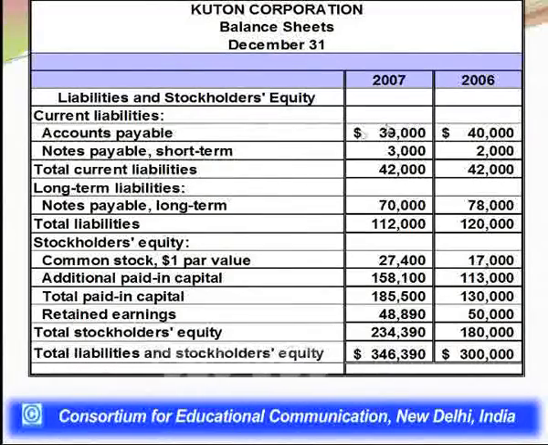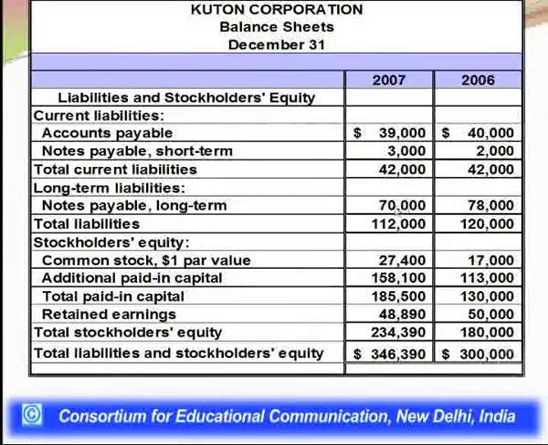So if we sum these two values, 39,000 and 3,000, the total comes out to be 42,000 for 2007, and if we sum up these two values for 2006, the total comes out to be 42,000 again. So the total current liabilities for the company in 2006 and 2007 remain the same.